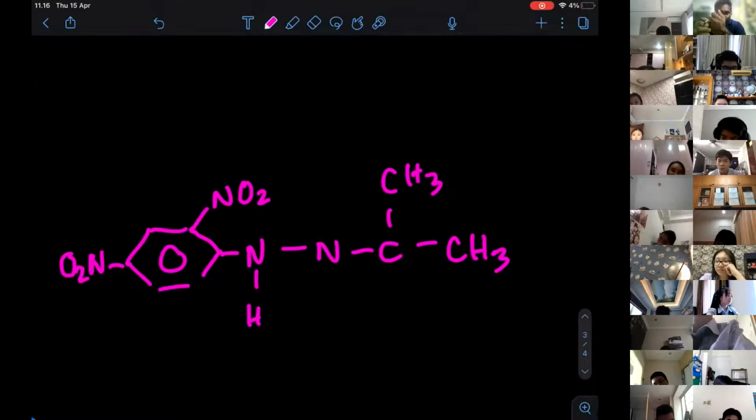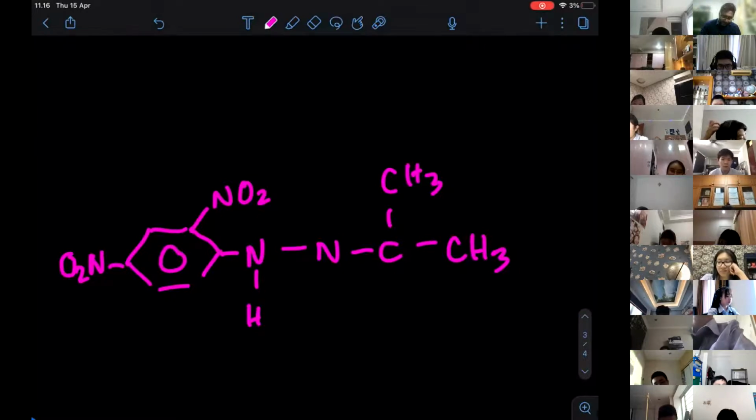One nitrogen can form how many bonds? Megan? One nitrogen? Yes, okay. One nitrogen can actually form 3 bonds.